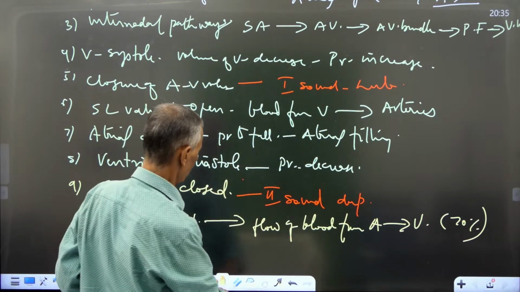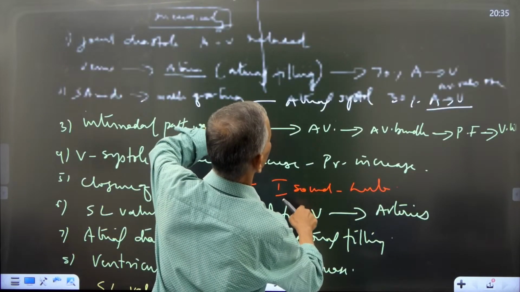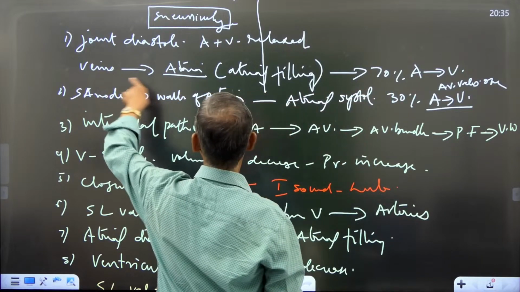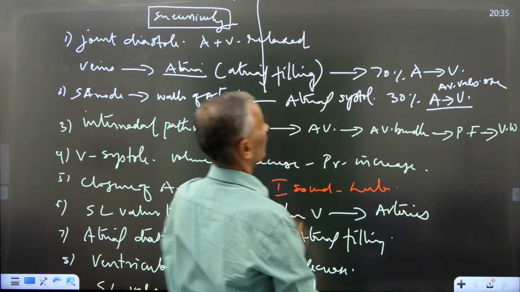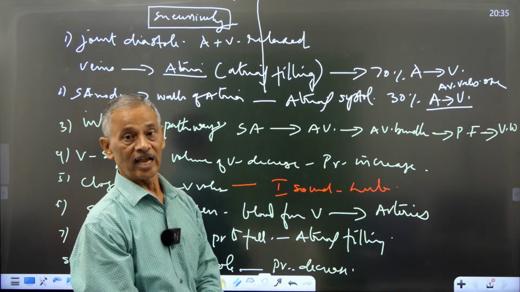Now you understand why I told you like that. 70% of the blood is flowing when you are having the ventricular diastole.